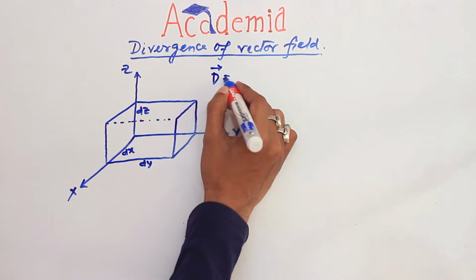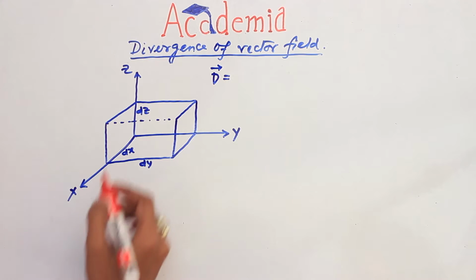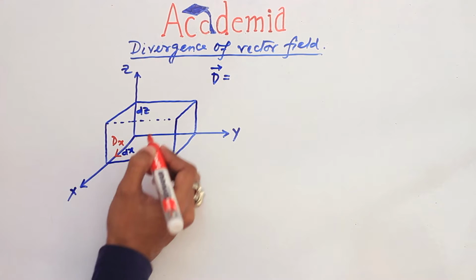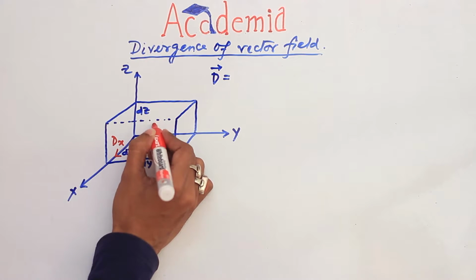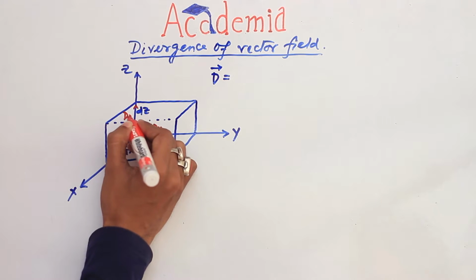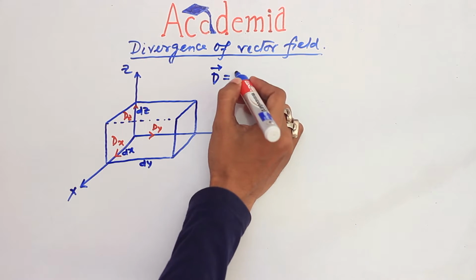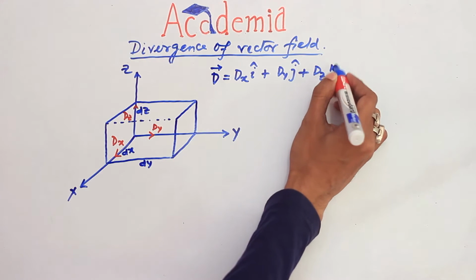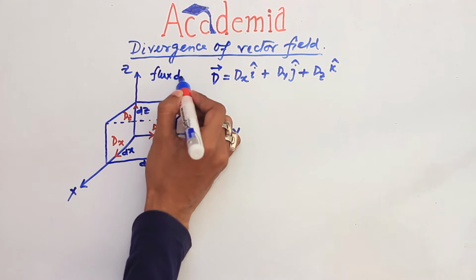It's basically flux density. Now this D vector has three components: Dx along x direction, Dy along y direction and Dz along z direction. So D equals Dx i plus Dy j plus Dz k.